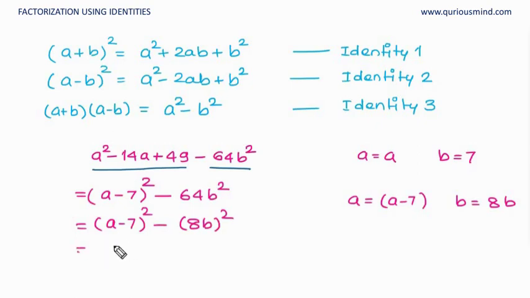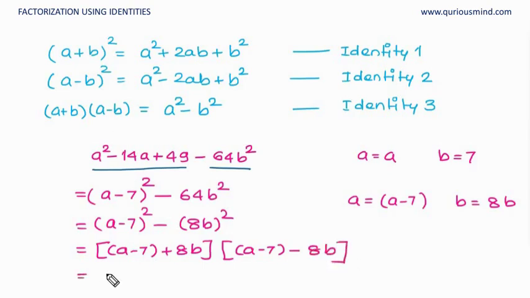And so I can write it as A plus B. A is this, A minus 7, plus B, 8B, multiplied by A minus B. So A is A minus 7 minus B is 8B.